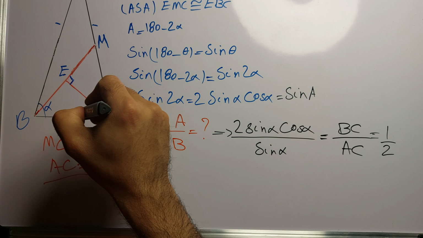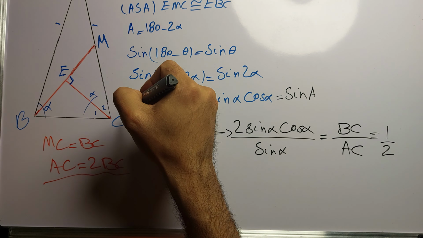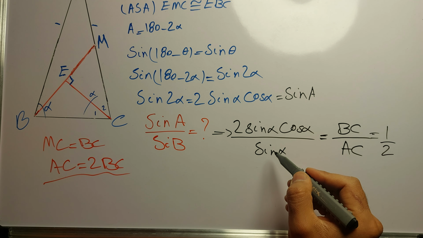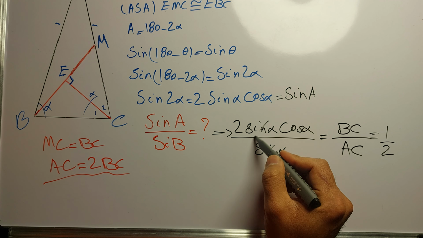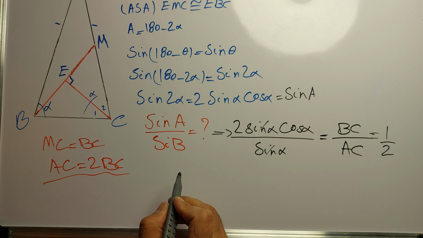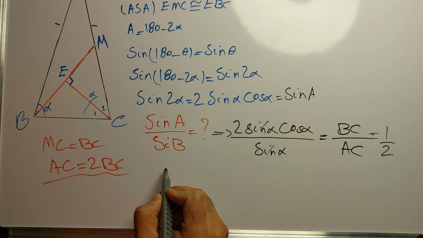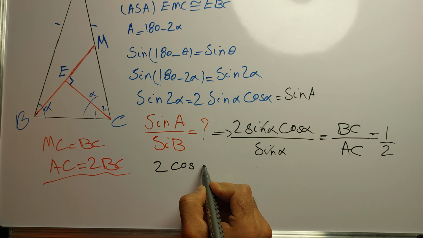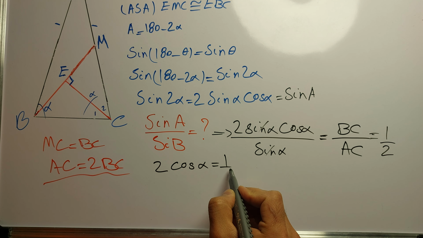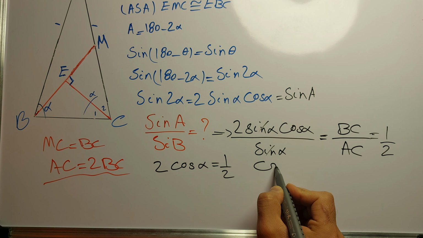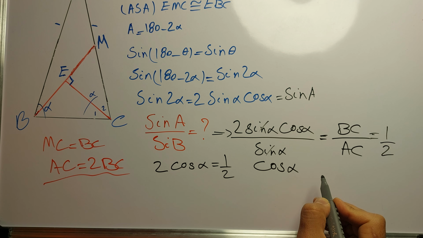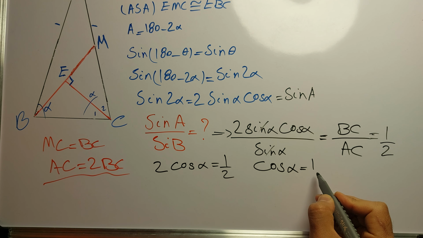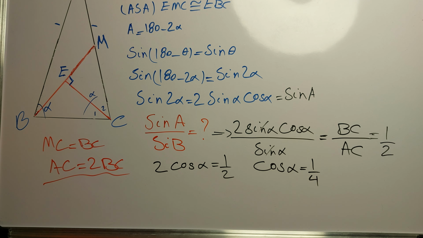BC is the same as MC, and MC is half of AC. So now let's cancel these out. We can write that 2 cosine alpha equals 1 over 2, and we can say that cosine alpha equals 1 over 4.